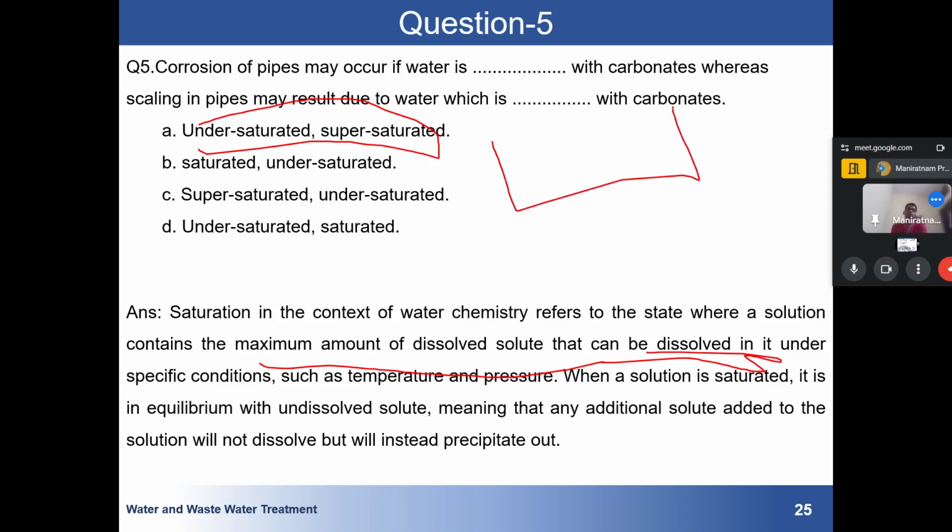Suppose you have taken some water and you start adding salt, NaCl. Generally the NaCl will dissociate into Na plus and Cl minus, and it will completely dissolve. But you keep adding more and more NaCl.